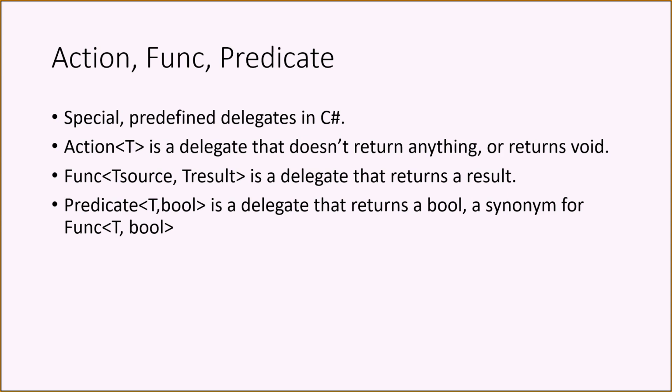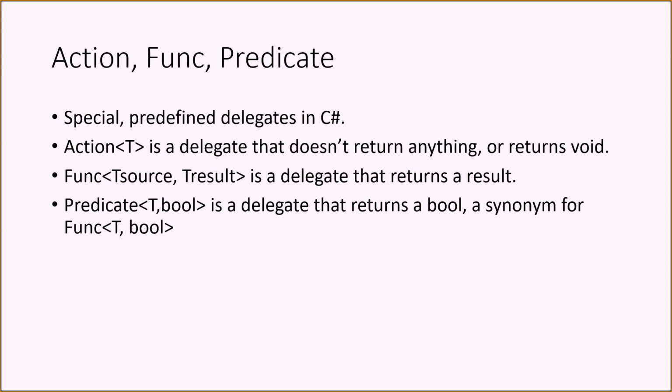These are special predefined delegates, if you will. They're kind of shapes of methods that match. So Action of T is a delegate that doesn't return anything, or returns void. Any type of action, like a Console.WriteLine, does a thing, but it doesn't actually return a value back out.